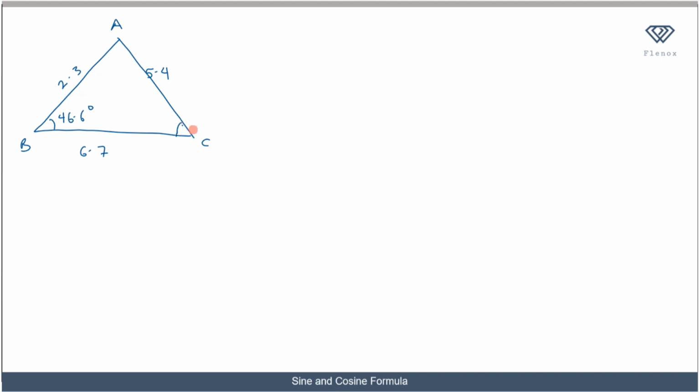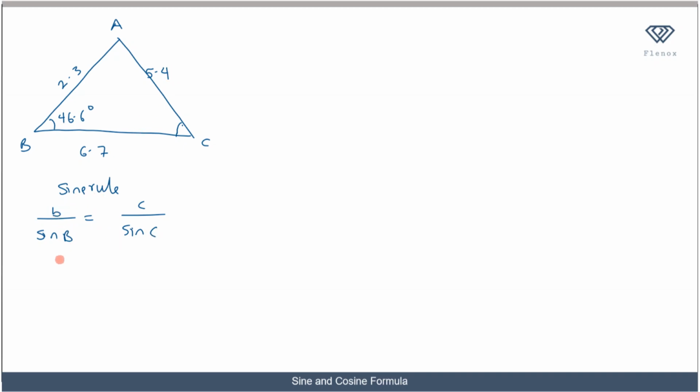Now we know length B and angle B, and we know length C, but we don't know angle C. So we can apply the sine rule. Writing our sine rule in terms of B and C, we have B over sine B is equal to C over sine C. Now I know what B is.